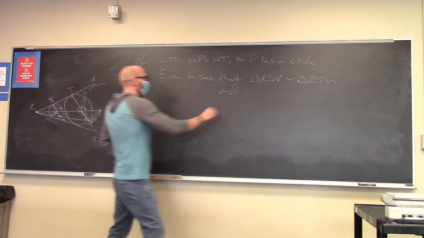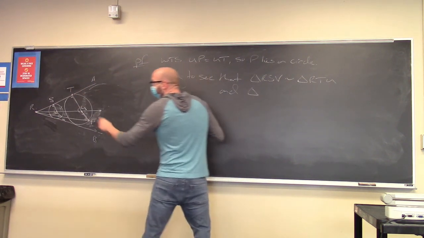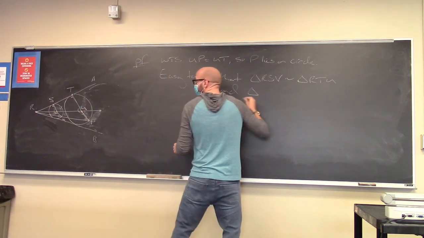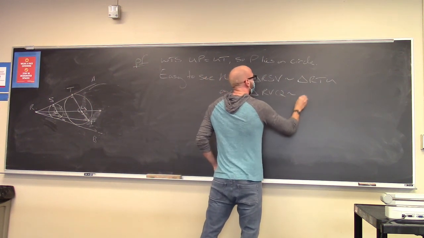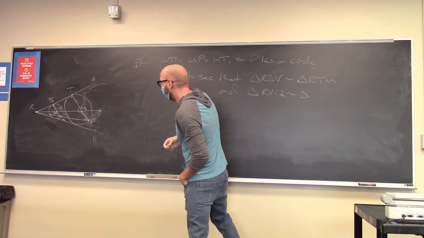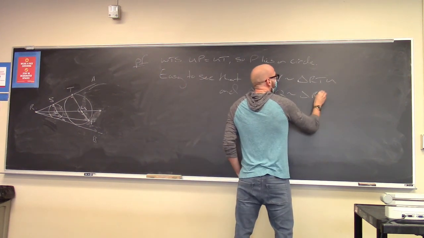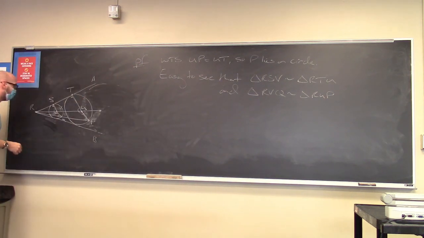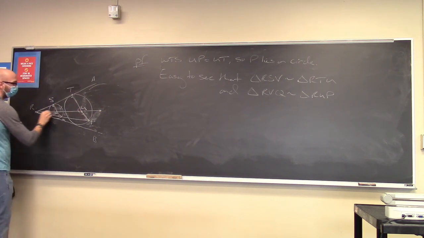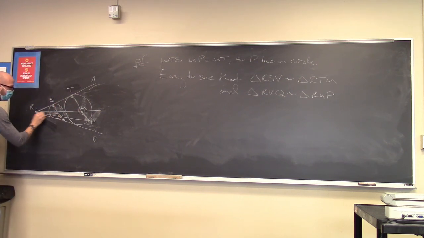So also very easy to see that triangle RVQ is similar to triangle RSV. UP. All right, so we've got this triangle here inside of this bigger triangle, and this triangle here inside of this bigger triangle. Do you believe me on both of those?